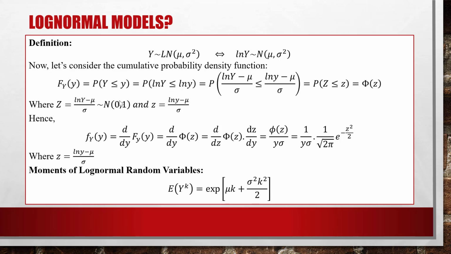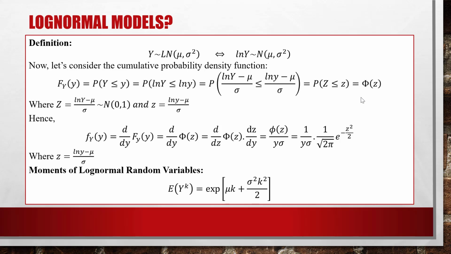And this is phi of z. Remember in statistics, the capital phi here represents the cumulative probability distribution of the standard normal distribution random variable. So z here follows the standard normal distribution. See that?